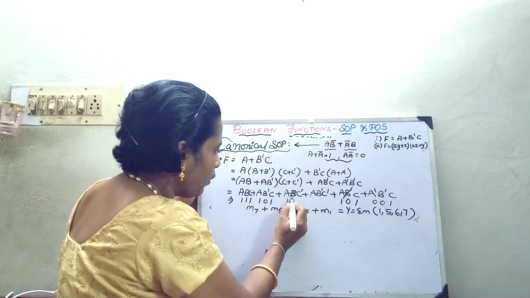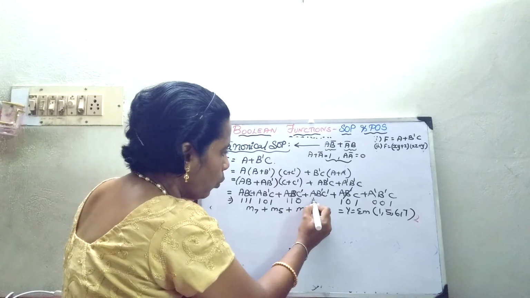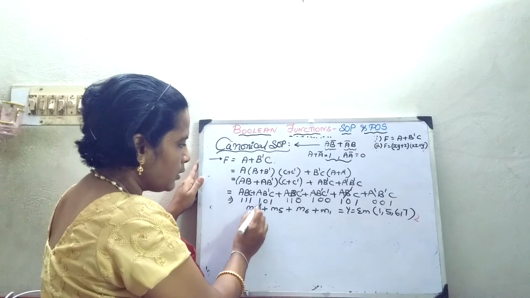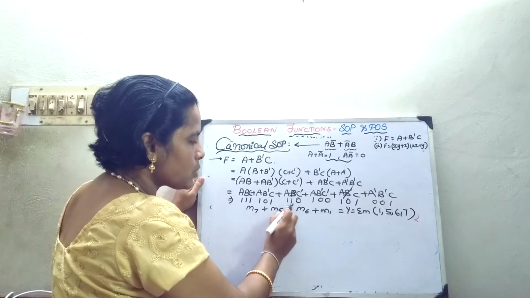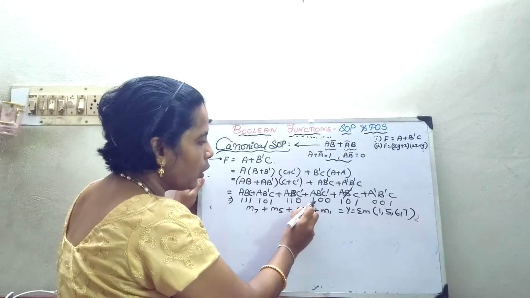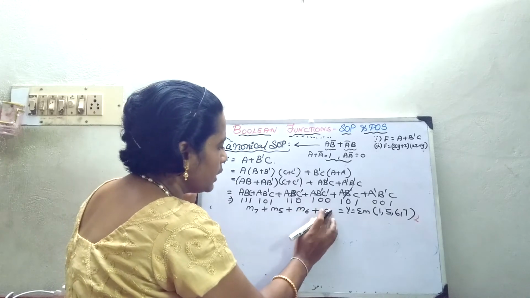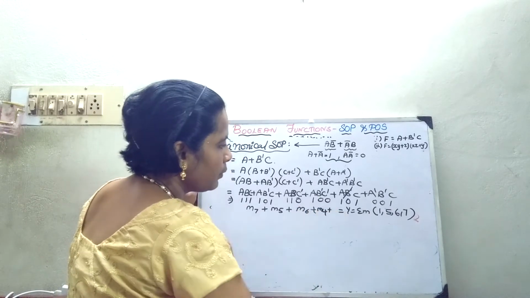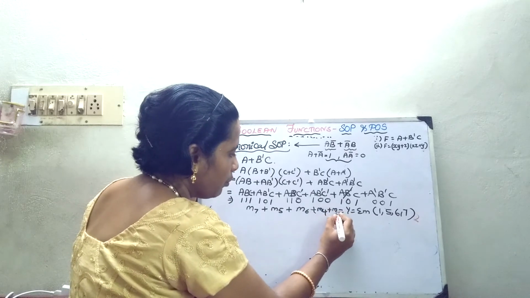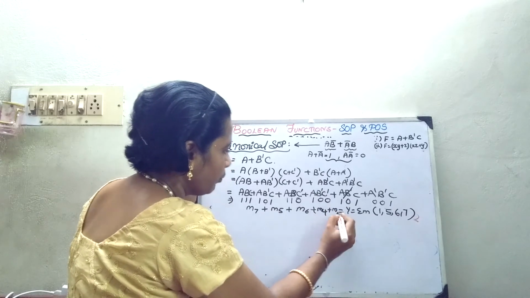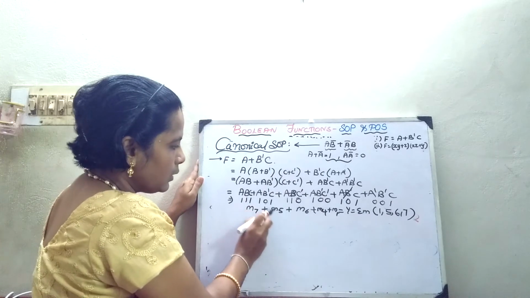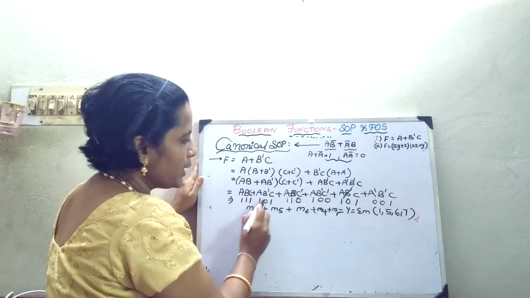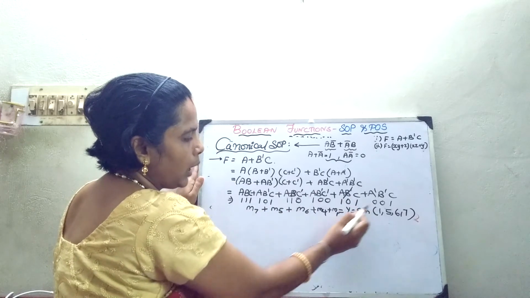It is going to be 1, 1, 0, 1, 0, 0. In that case, this is M7, this is going to be M5, this is going to be M6, and you are going to have one more term. So M4 plus M5, M1. Okay. This is 7, this is 5, this is 6, this is 4, again 5 repeats, so no need to write it once again, and here you have the 1.